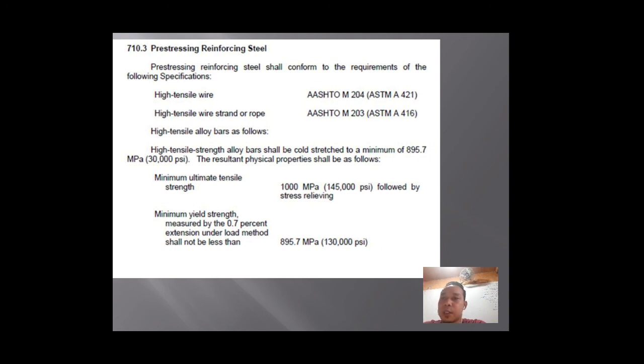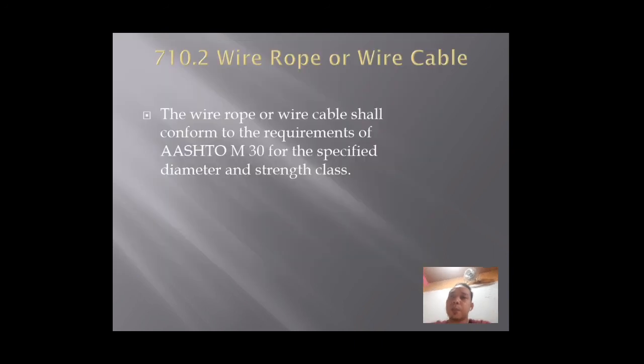So minimum yield strength measured by the 0.7% extension under load method shall not be less than 895.7 megapascal or 130,000 psi.